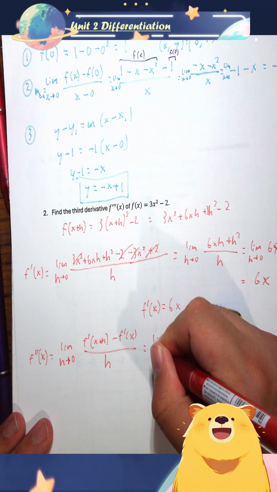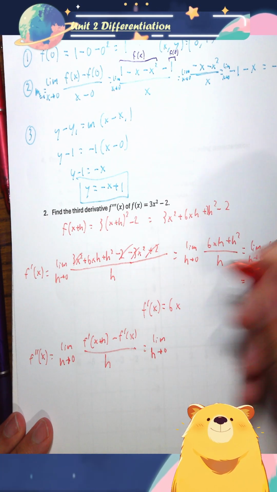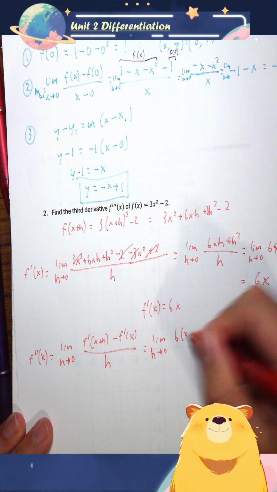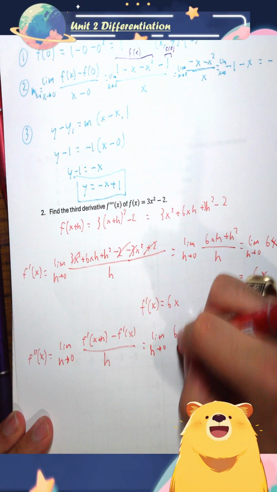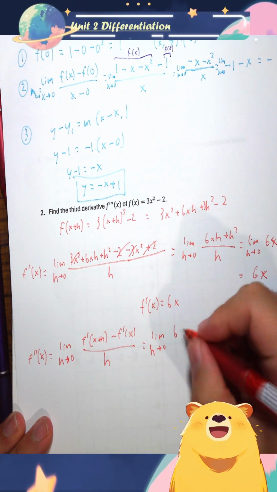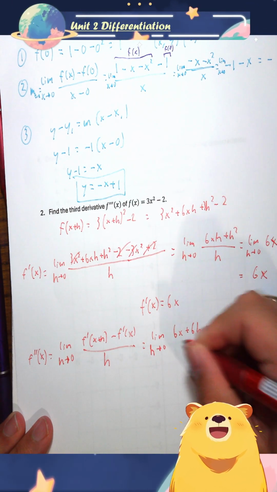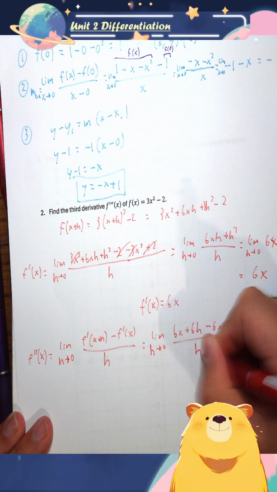So that's going to be 6 times, or actually, let me just already write the thing. 6x plus 6h minus 6x over h.